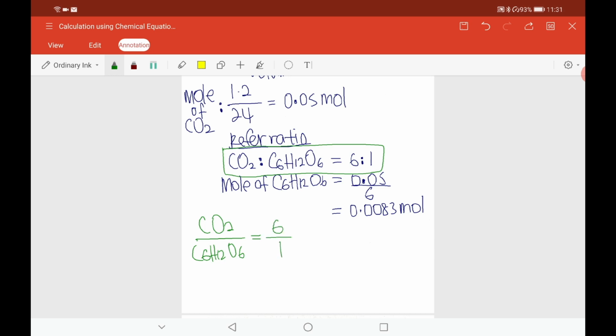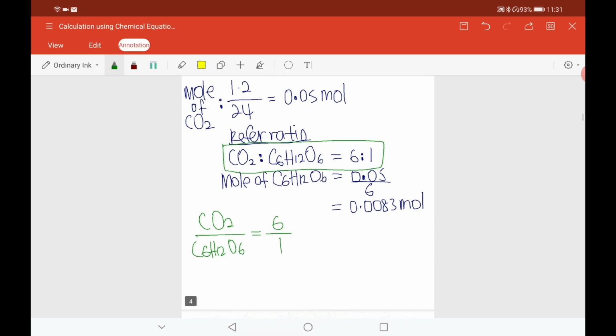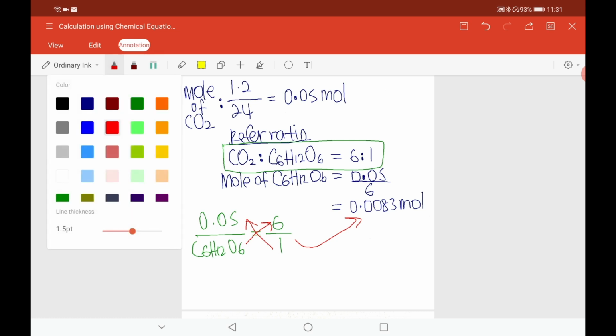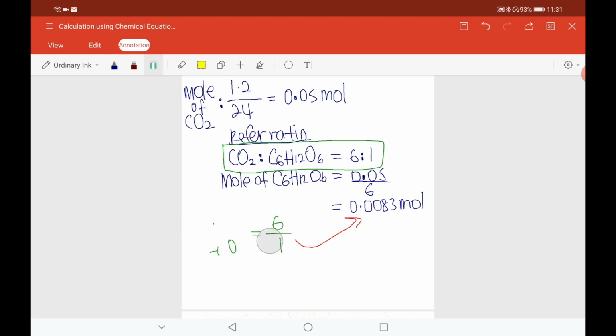The mole of CO2 is 0.05, so you change to 0.05, then do your cross multiplication. In the end, you will still get 0.0083 mole. You use your own method to do the ratio. So now we have found the mole of the glucose already.